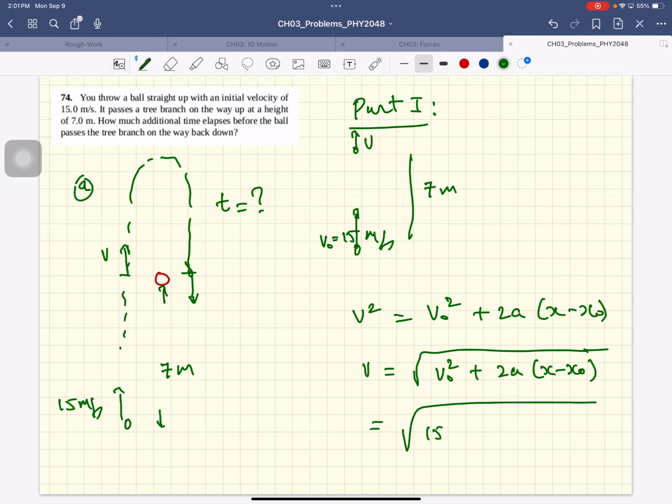Initial velocity is 15 meters per second. Acceleration is in the opposite direction, so it's minus 9.8 meters per second squared. And the distance traveled is 7 meters.